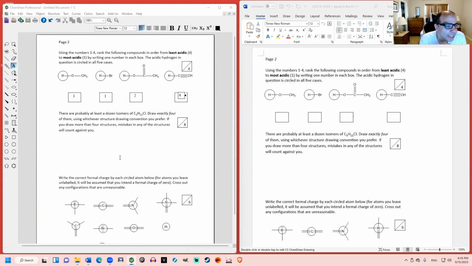Okay, there are probably at least a dozen isomers of C5H11Cl. There was a misprint originally on the exam. It said C5H12Cl. It should say C5H11Cl. And all you need to do is put together 5 carbons with a chlorine. So this is one of them.